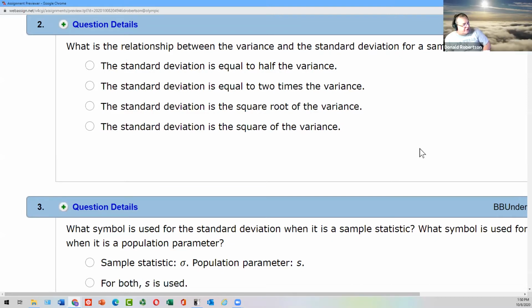What is the relationship between the variance and the standard deviation? Is the standard deviation half the variance, twice the variance, the square root of the variance, or the square of the variance? I think I only did it in passing, so you might have missed it. Anybody want to put $5 on a bet?